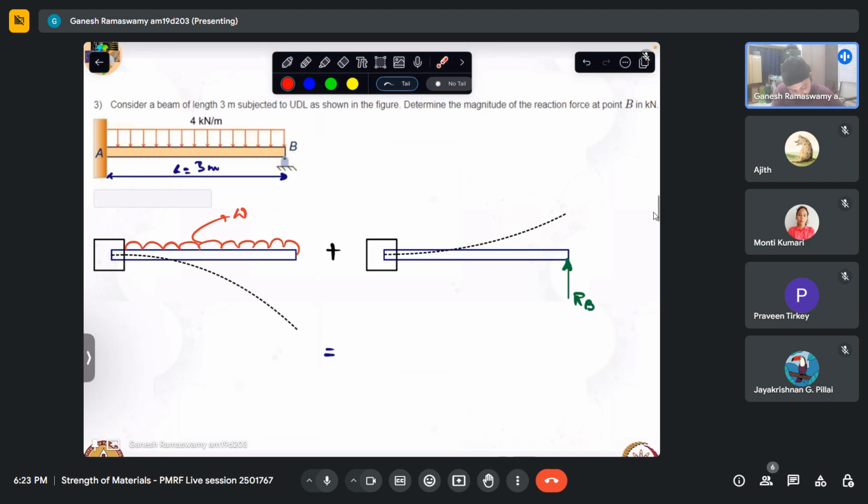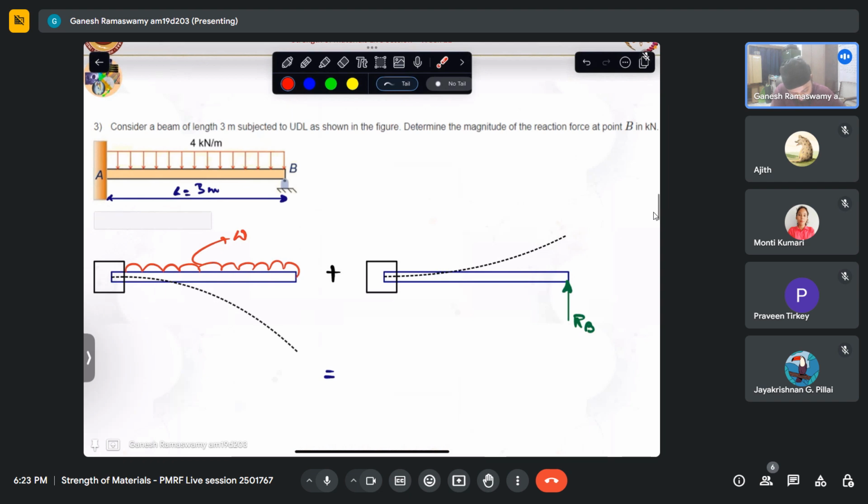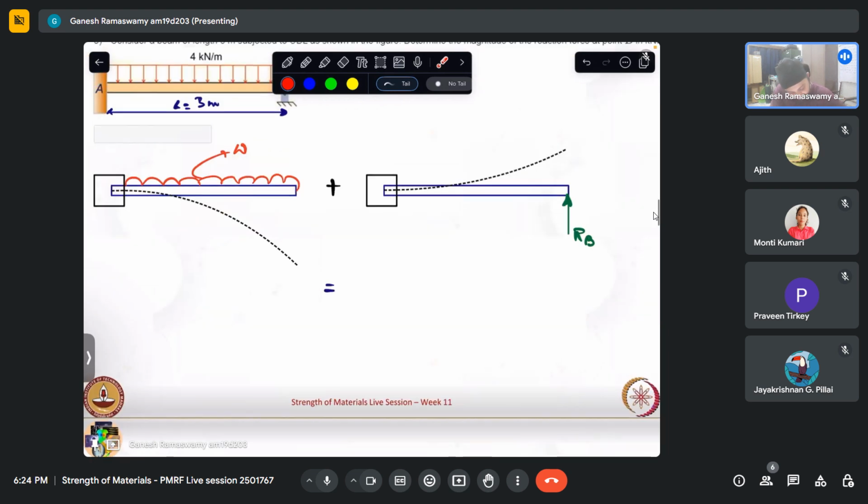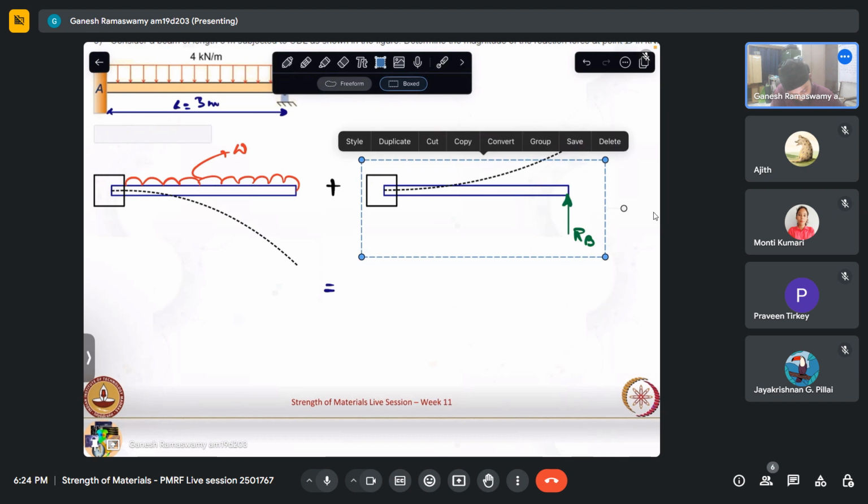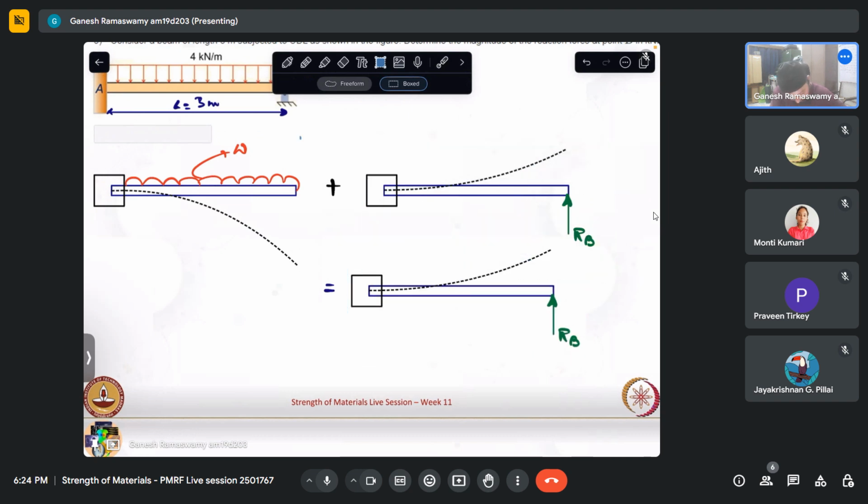So in this question, we have been shown that it is actually firm ground. So what this implies is the final deflection due to the action of W and the prop together brings the deflection at point B to 0. So let us draw the final picture where I have the load as well as the reaction.